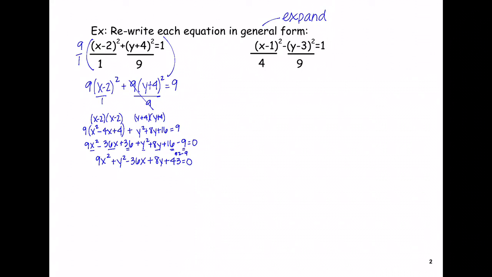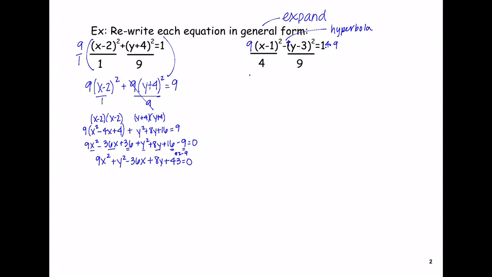In the second example, we have x minus 1 squared over 4 minus y minus 3 squared over 9 equals 1. This is a hyperbola, unlike the first one, which was an ellipse. We want to clear our fractions, so we need to multiply by 4, and then we need to multiply by 9.